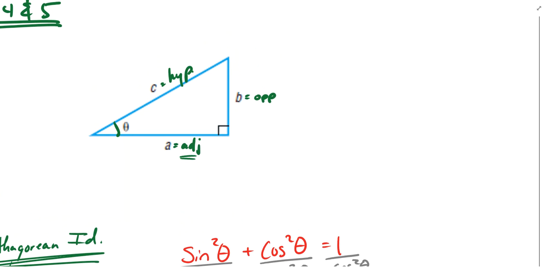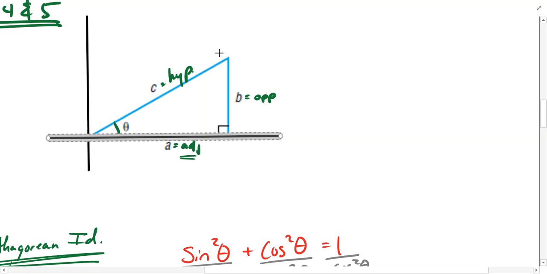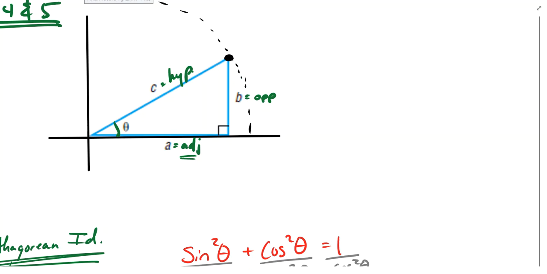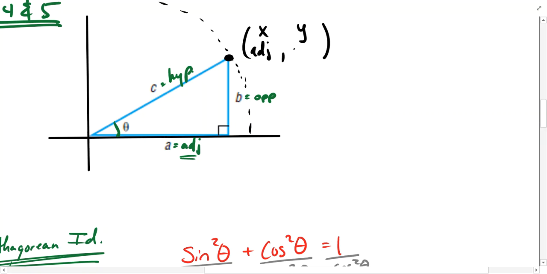And I'm just scooting up here to remind you, if we had an xy axis, so here's our y-axis and our x-axis, and if this coordinate was the position on a unit circle, the x, y coordinate is the same as our adjacent side length and our opposite side length. So we've got the y and the x coordinate.